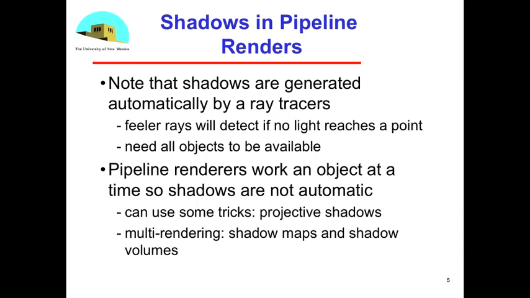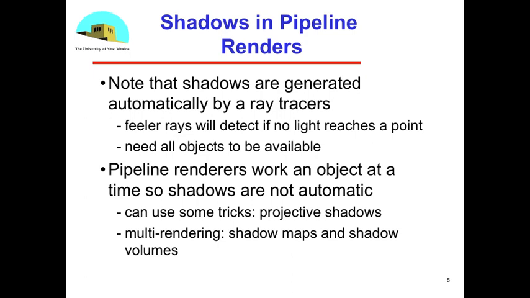If you think back to some of those images I had at the beginning when we started talking about general approaches in the synthetic camera, we looked a little bit at ray tracing, because it was a very natural way to look at things that was very close to physically just following rays of light. Shadows were generated automatically. When you followed a ray out from the viewer to the object, you would then look at other rays called feeler rays that would go out and see if there were any light sources out there to illuminate that point.